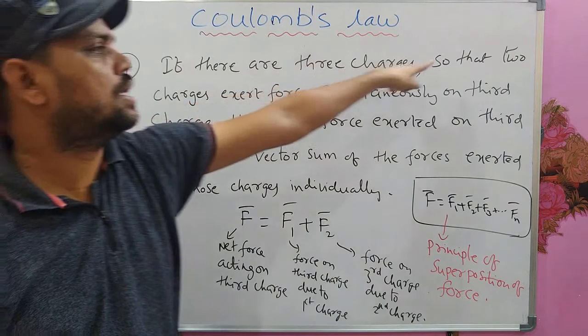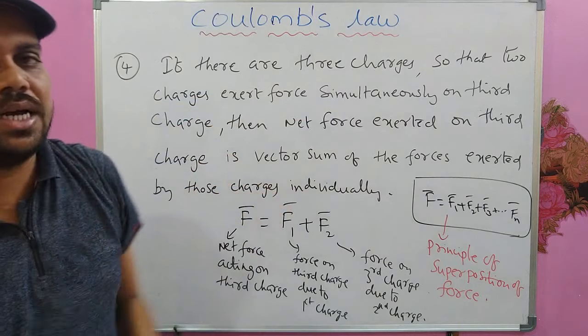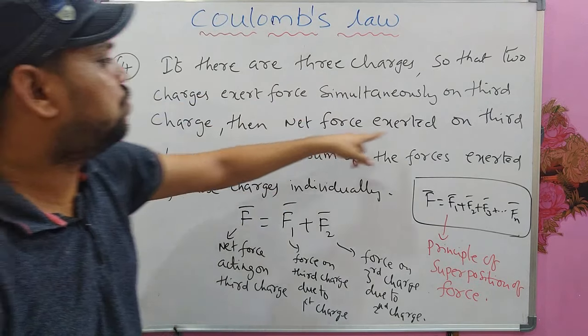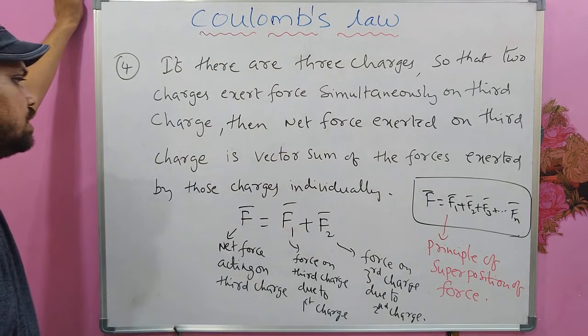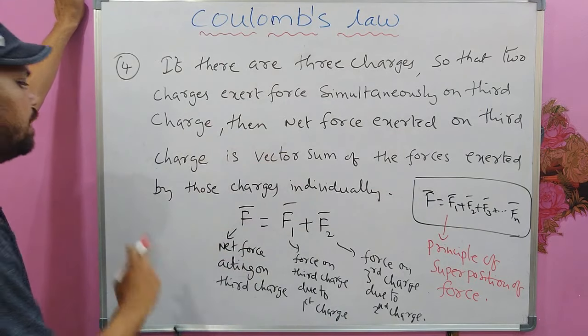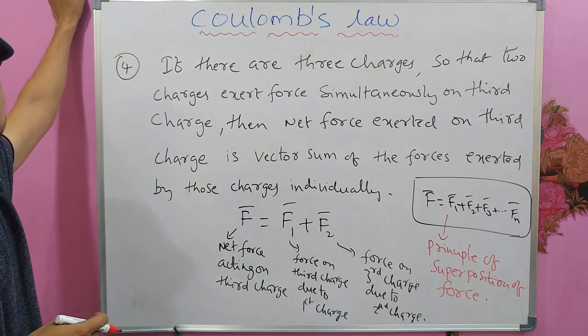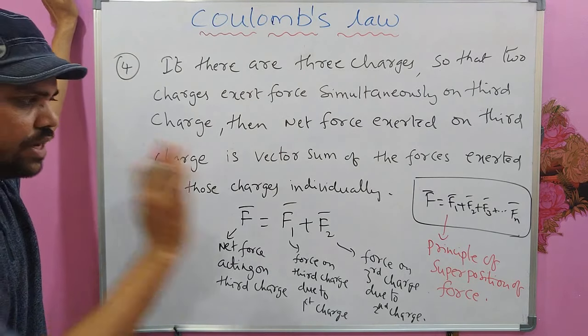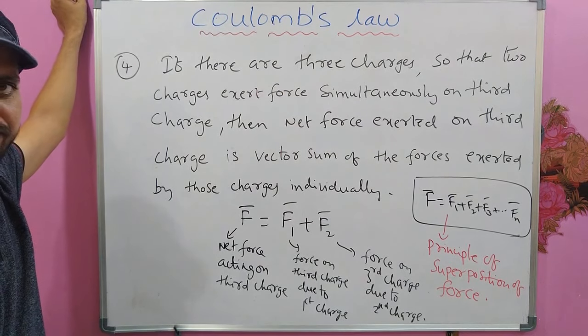If there are three charges, so the two charges exert force simultaneously on the third charge, then the net force exerted on the third charge is the vector sum of the forces exerted by those charges individually. This is a very important property of electric force.